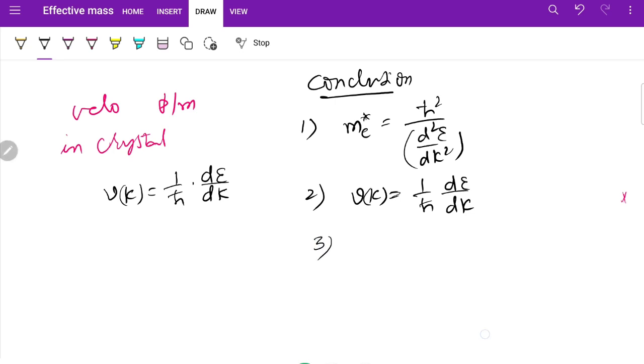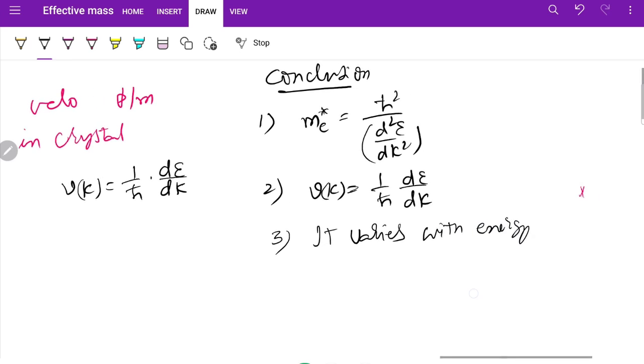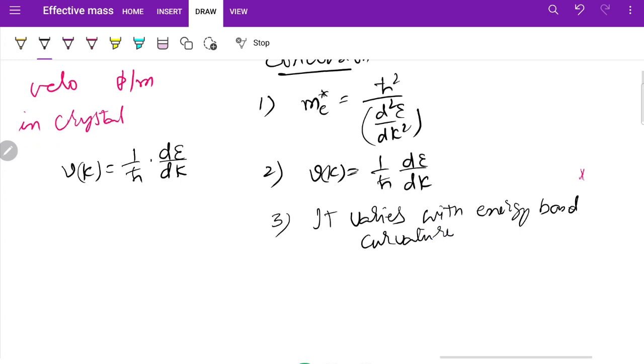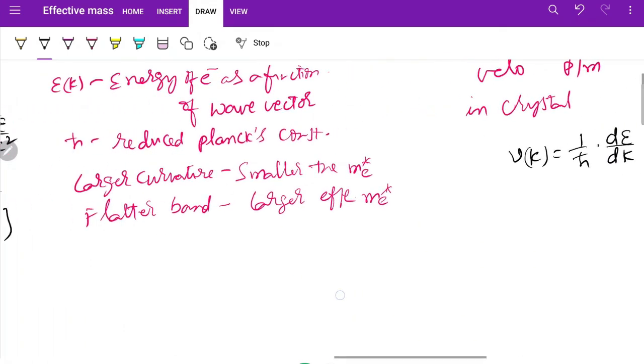It varies with the energy band curvature. With this conclusion, let's go to solve the problems.